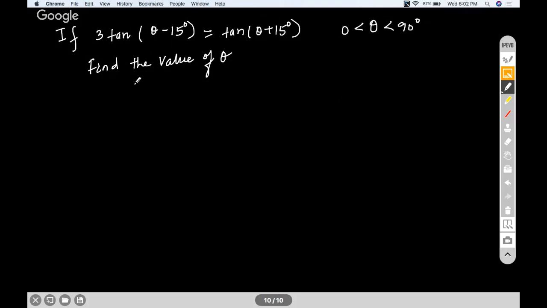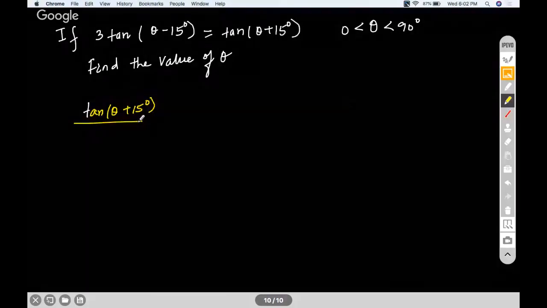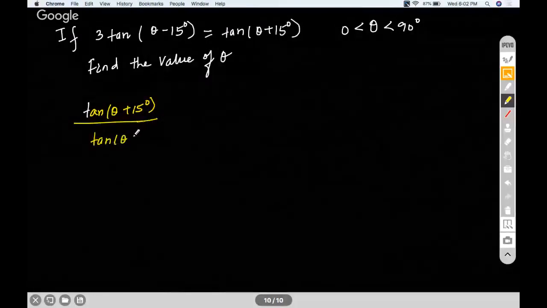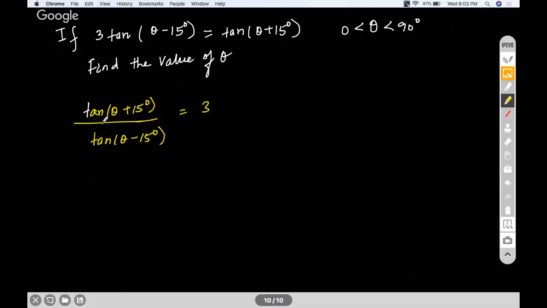Okay, so let's try to solve this now. So we have been given that tan of theta plus 15 degree by tan of theta minus 15 degree is equal to 3. Okay. Yeah.